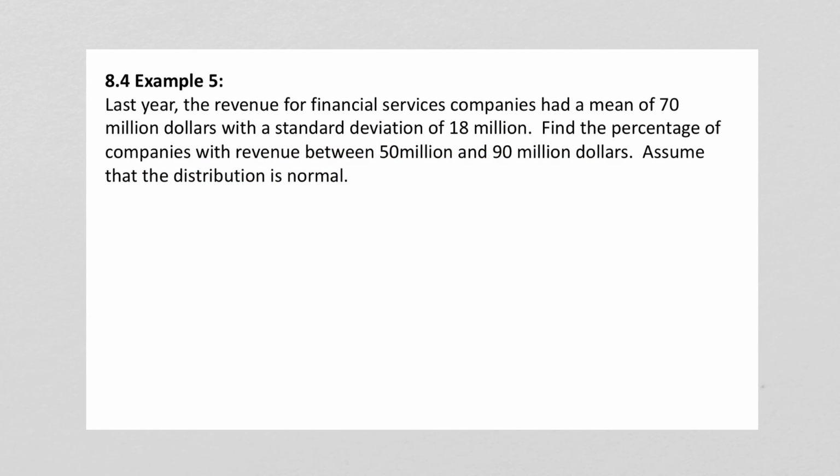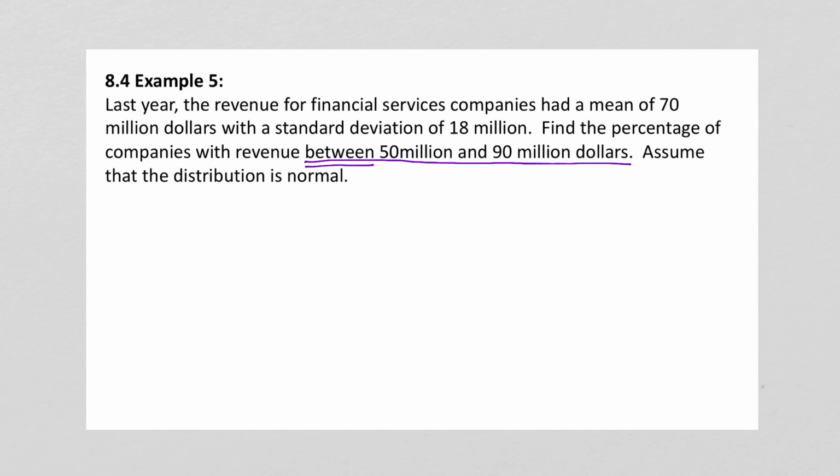And our last example says, last year the revenue for financial service companies had a mean of $70 million with a standard deviation of 18 million. Find the percentage of companies with revenue between $50 million and $90 million.